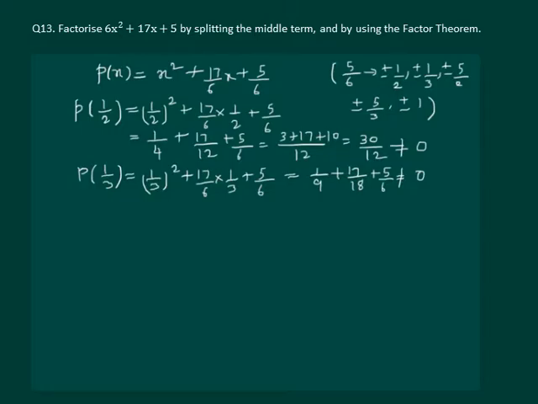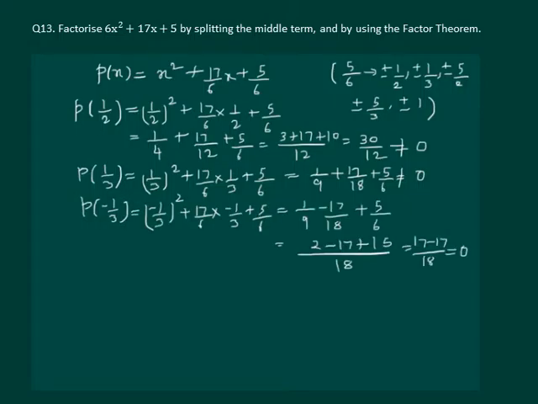Again, it is not equal to 0. Let us check P of minus 1 by 3. We find that the answer is 0. That means x minus minus 1 by 3 is a factor of px by factor theorem.